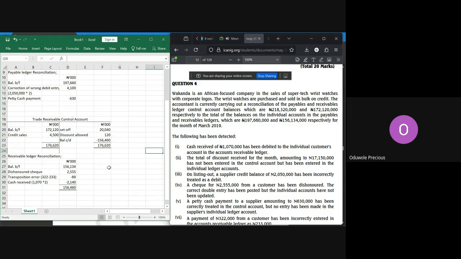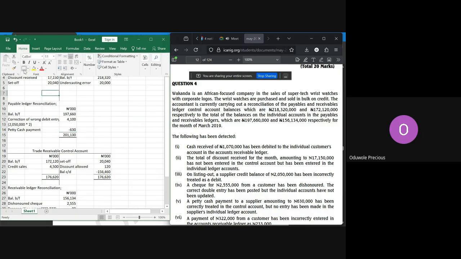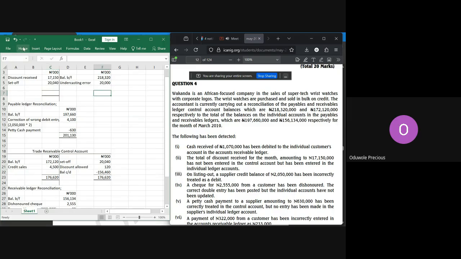So let's just quickly apply this formula to this also. What this one gives us is 201,130.